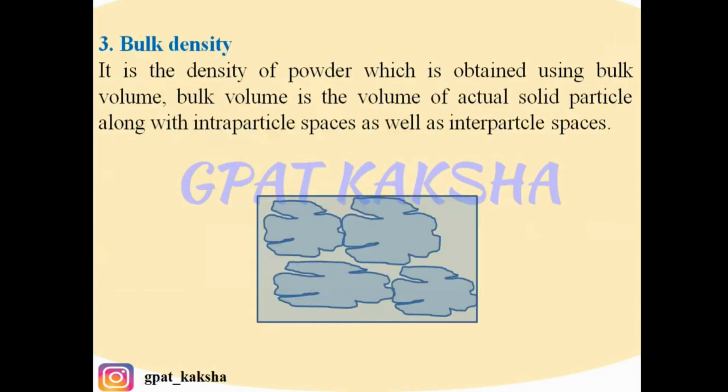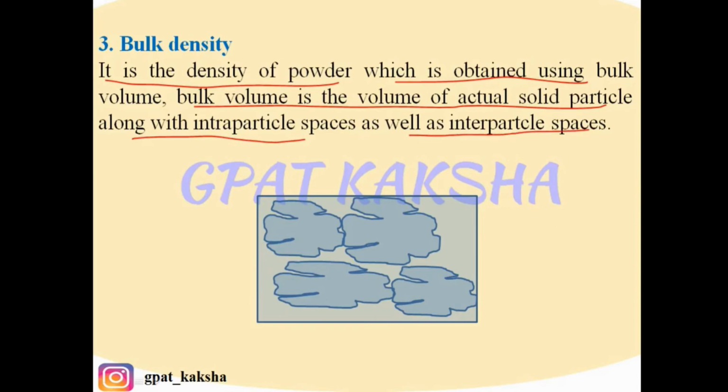Now bulk density. It is the density of powder which is obtained using bulk volume. Now what is bulk volume? Bulk volume is the volume of the actual solid particle along with intraparticle spaces as well as interparticle spaces.